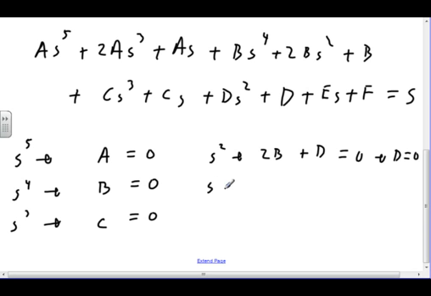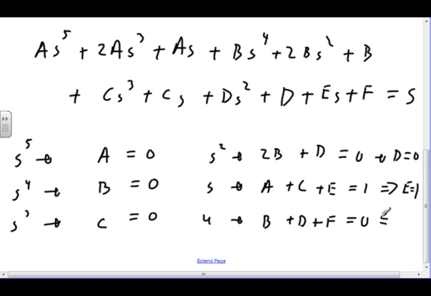I look at the s term, I get A plus C plus E is equal to 1, implying E is equal to 1. And then I look at the unit term, and I've got B plus D plus F is 0, implying that F is 0.